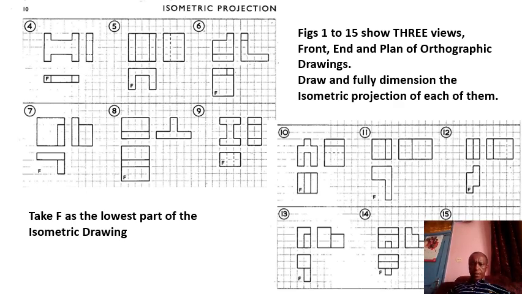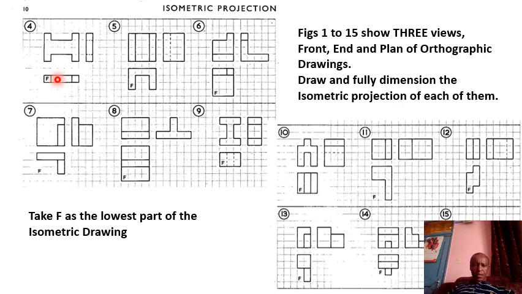And figure 1 to figure 15 shows three views. That is the front elevation, if I may point to that as front elevation, and then end elevation for question number 4, and the plan.